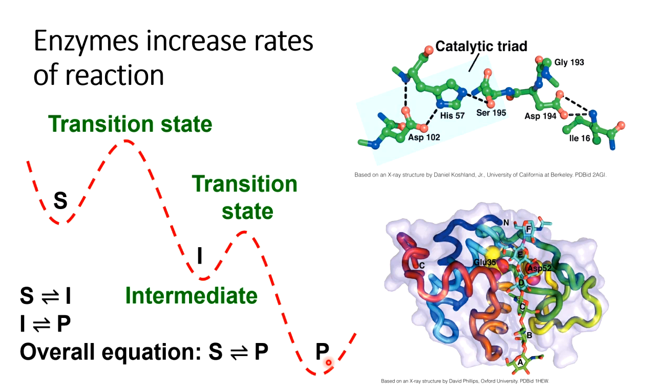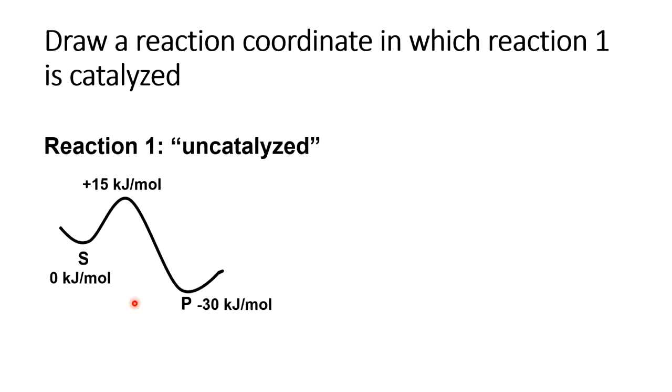It just changes the activation barrier, or the activation energy, and it can do that by finding another pathway for converting S to P. One way to think about this is trying to cross a mountain. You can either go over the mountain, or you can find another pathway around the mountain that's easier to take, and that's pretty much what enzymes do.